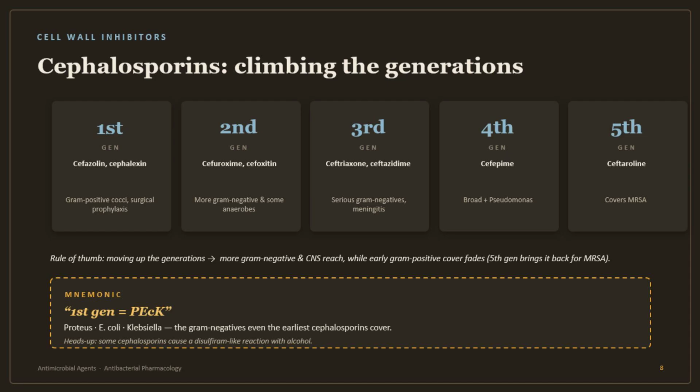Mnemonic time: first gen equals PEcK, Proteus, E. coli, Klebsiella, the gram-negatives even the earliest cephalosporins can cover. And one clinical heads up: some cephalosporins cause a disulfiram-like reaction with alcohol, so warn your patients to skip the drinks.